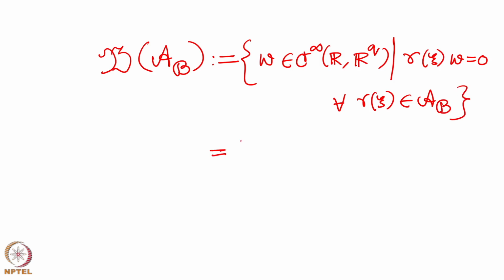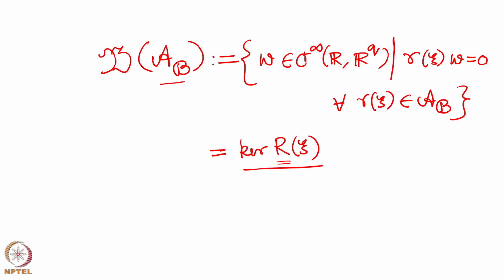That of course is nothing but the kernel of this R xi. So these are the equations. You can easily check that this is true because if W gets killed by every row of R xi, then W obviously gets killed by every linear combination of the rows of R xi, but linear combinations of the rows is what forms this annihilator module.